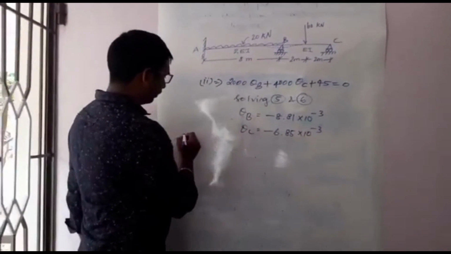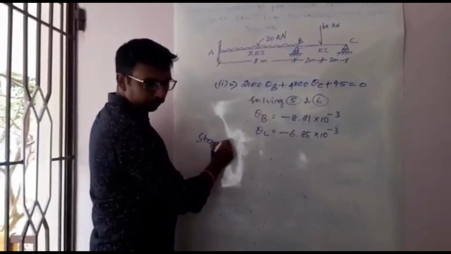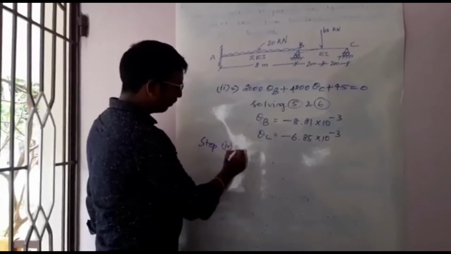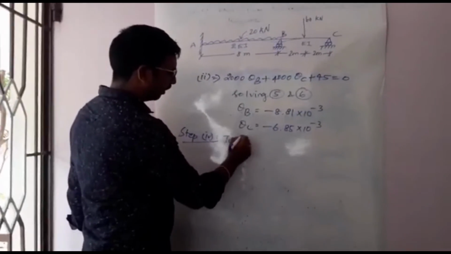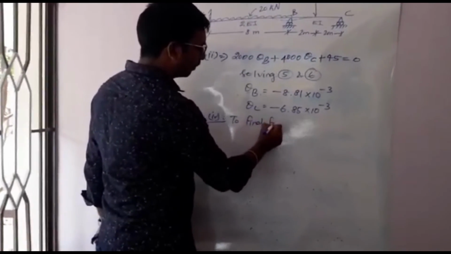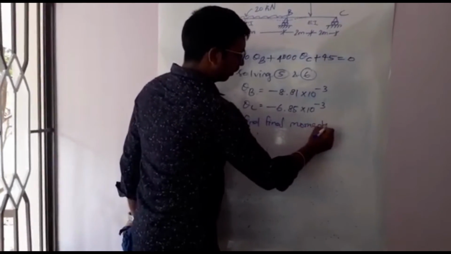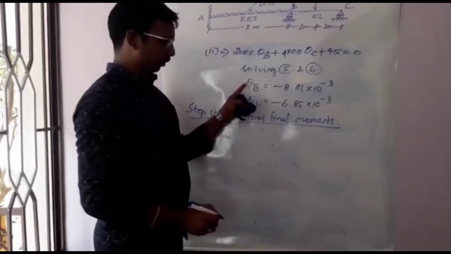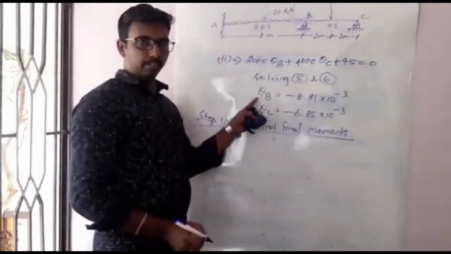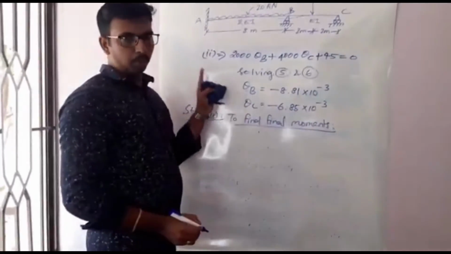The next step is step number 4, to find final moments. You have to substitute these theta B and theta C values in equations 1, 2, 3, 4.